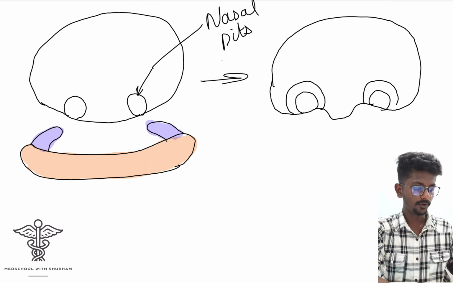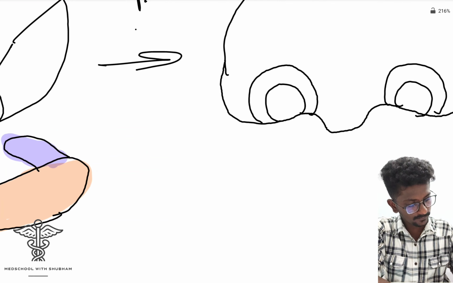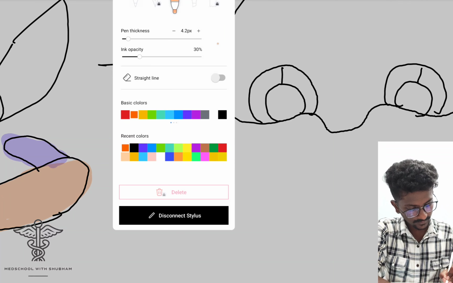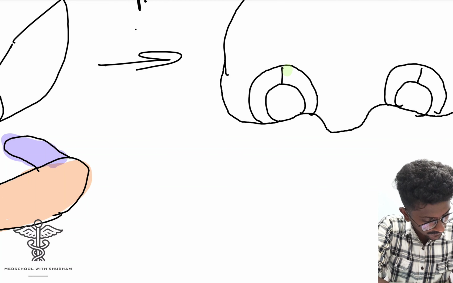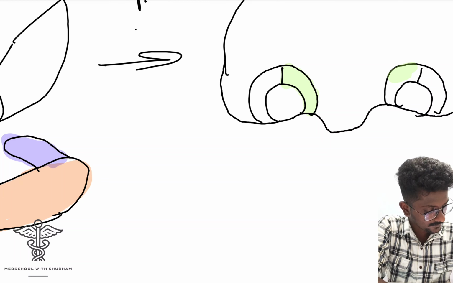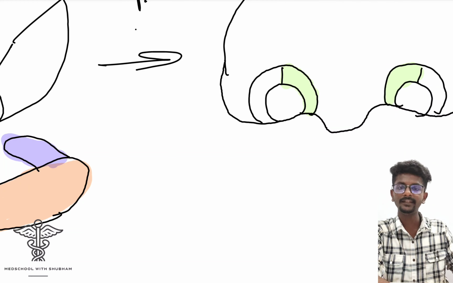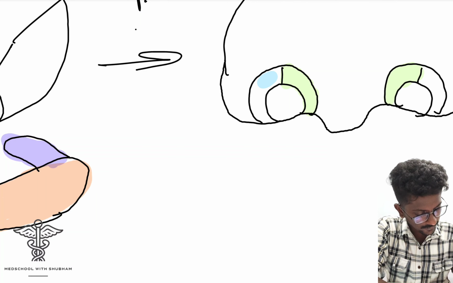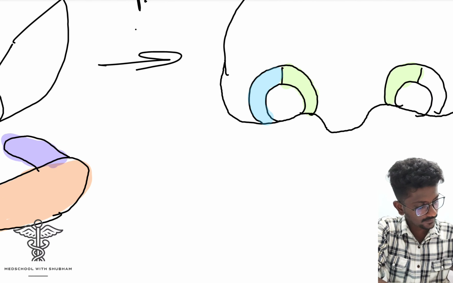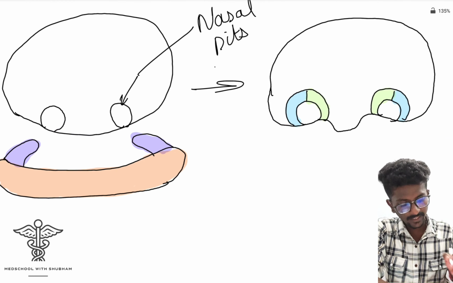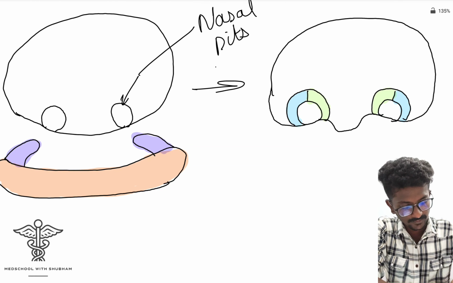These are the borders of the nasal pits, and now these borders have become more thickened. The medial one is the medial nasal process, and the lateral one over here is the lateral nasal process. So we had nasal pits, now we have nasal processes.